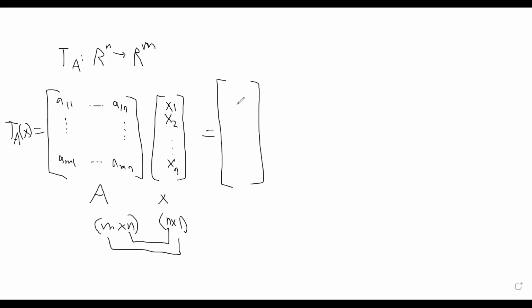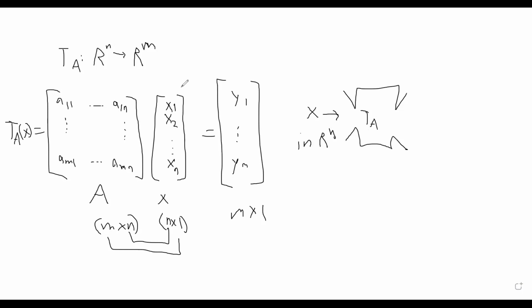And so you have corresponding values. So you have y1 to ym, and so this is an m by 1 matrix. So T sub A as a function, left multiplication by matrix A. The input is a vector X in Rn, and the output is a vector Y in Rm.